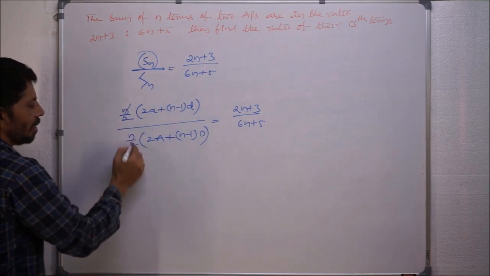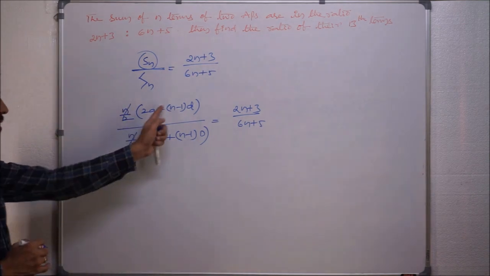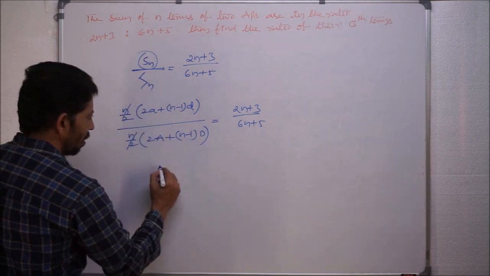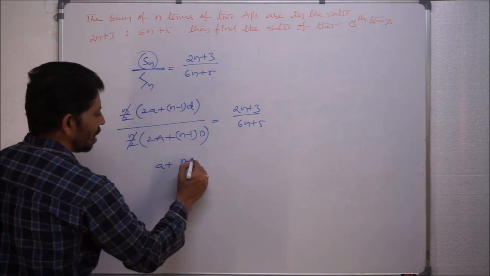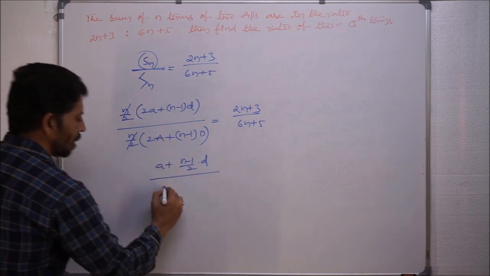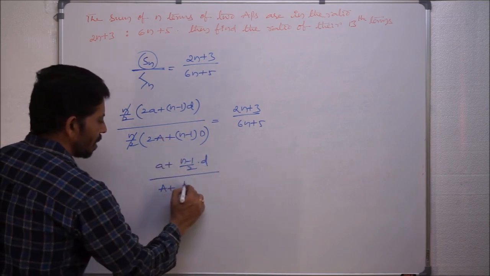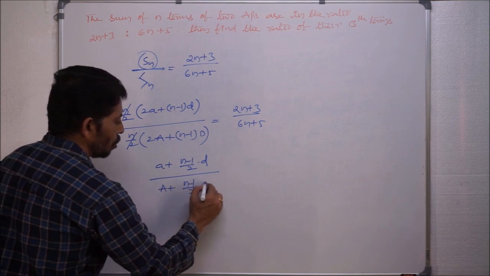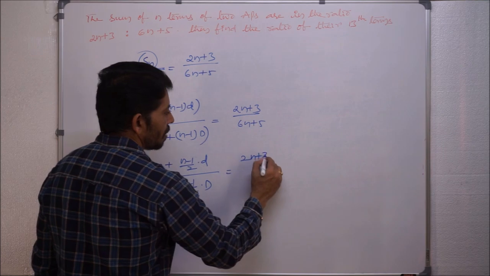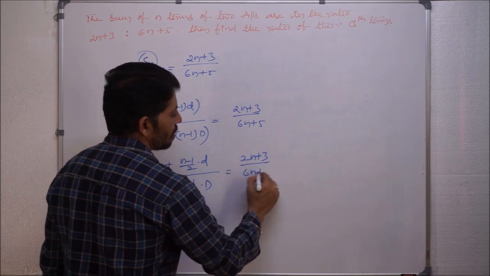Let us divide both numerator and denominator by 2. Then we get a plus n minus 1 by 2 into d by capital A plus n minus 1 by 2 into capital D, equals 2n plus 3 by 6n plus 5.